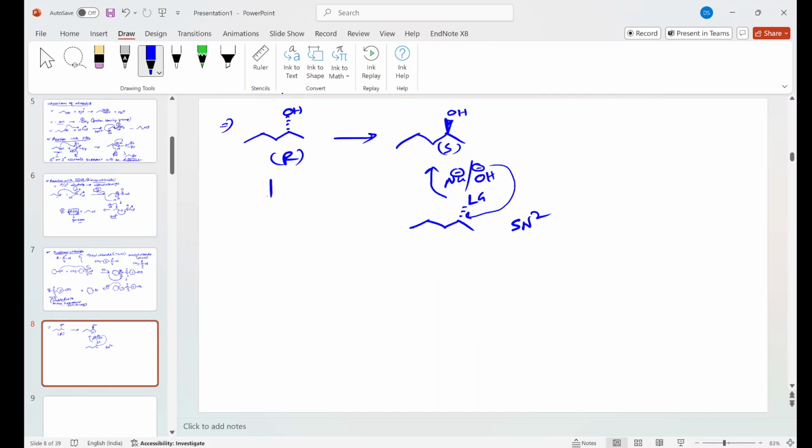Okay. But in this case, if you use SOCl2 here, you will get the chloride on the opposite position, right? So this will be of no use.